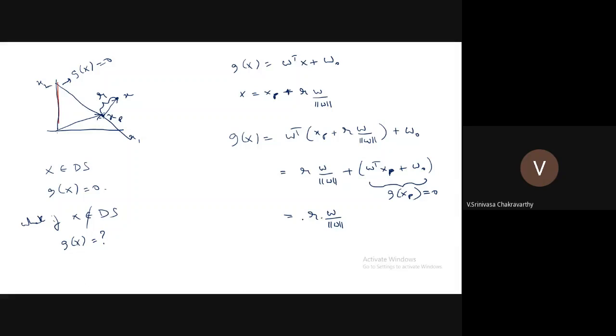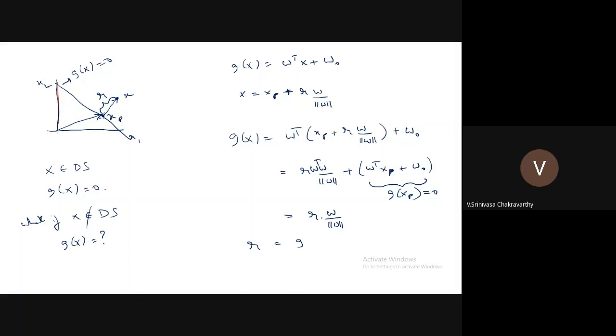Okay, so r becomes equal to, sorry, no, I think, yeah, w transpose r times w transpose w by mod w, plus this whole thing.